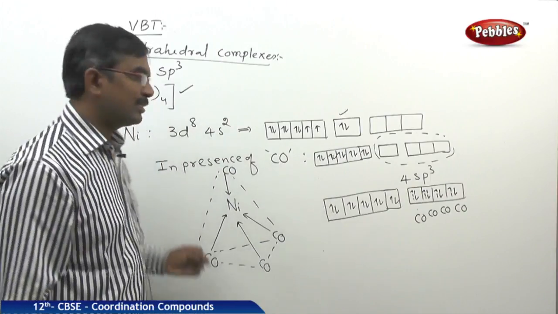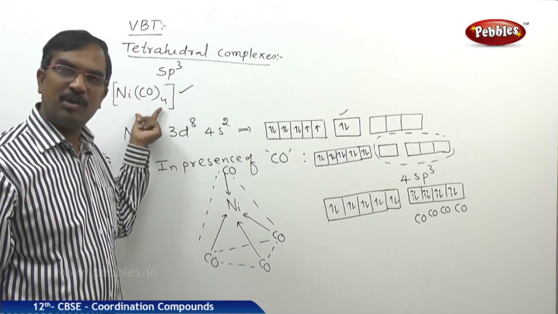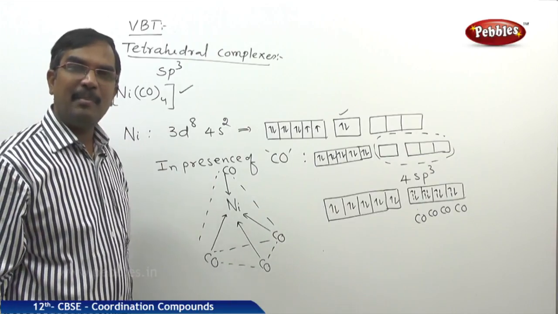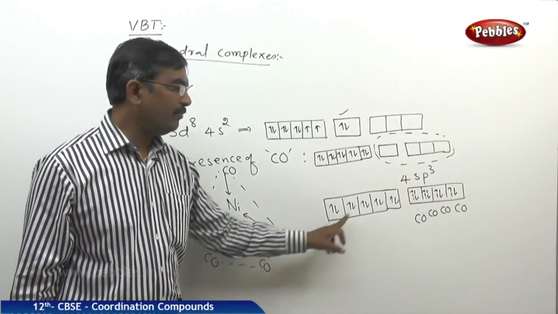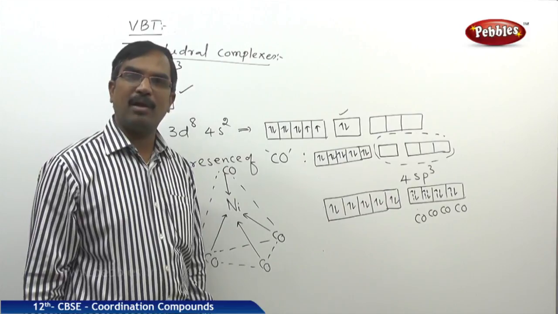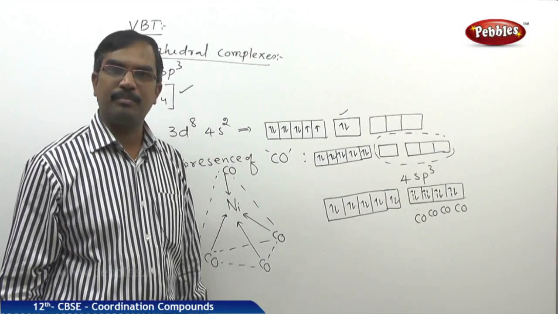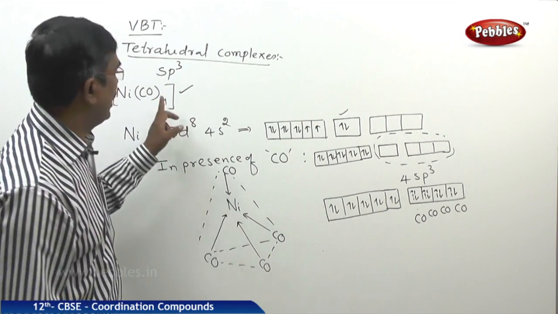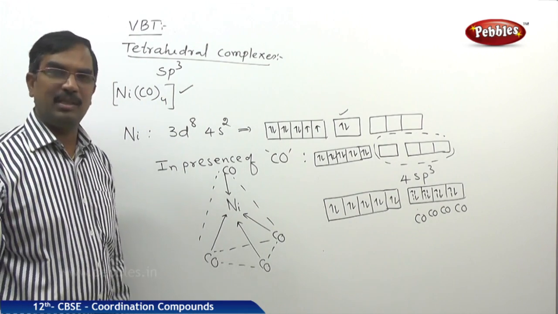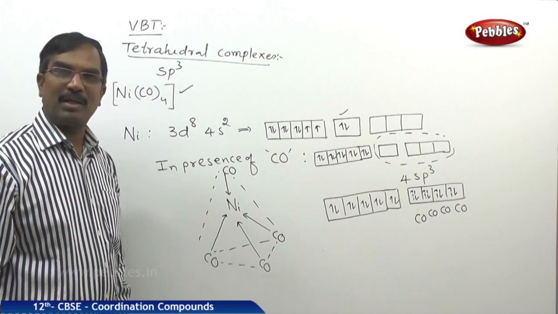So nickel tetracarbonyl is a diamagnetic substance because of the absence of unpaired electrons; all the available electrons are paired up. This is the tetrahedral complex of nickel.